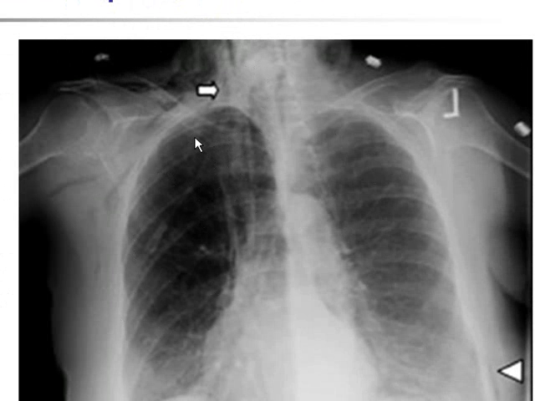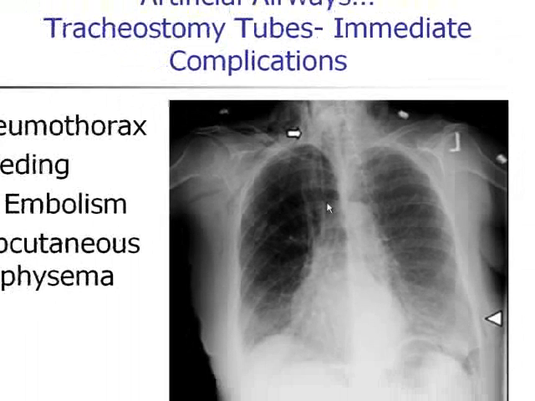You have a loss of the vascular markings, which is the normal black and white interface, so you can see that. But the subQ also creates linear streaking. And you can see some linear streaking along here. You can also see some linear streaking along the outside here. And that's indicative that you have air trapped in the subcutaneous space.